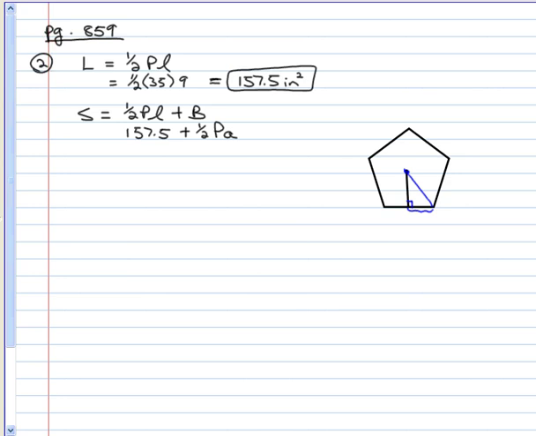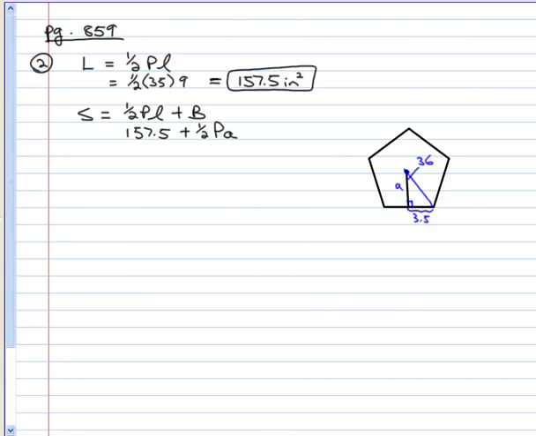We know that's 3.5 because the whole base edge is 7. We're going to need to find out what sort of angle we have right there. So take 360 divided by 5, then cut it in half. We end up with 36 degrees. We did one a minute ago.